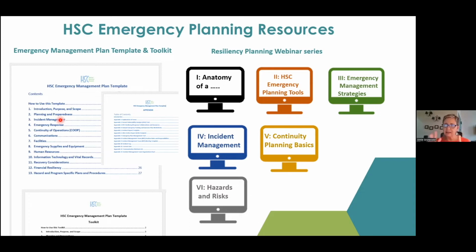It can be adjusted based on your size and the type of services you provide. The appendices to the template, you don't have to use them all, but there are a lot of useful operational tools and planning tools in them. And then you have the instruction guide, which we're calling the toolkit.